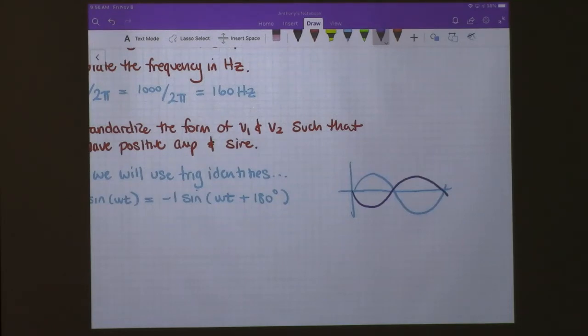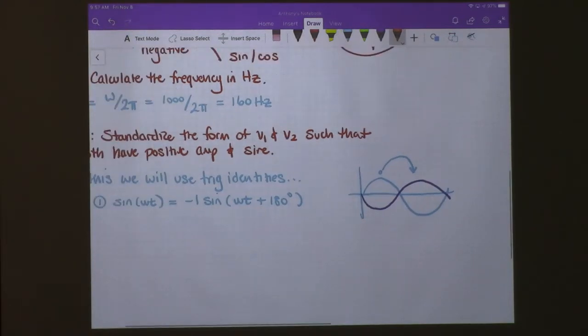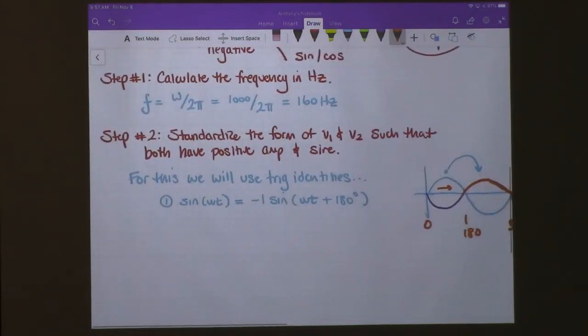That's the same thing as taking the same wave and shifting it 180 degrees, either to the right or to the left. Actually, it doesn't make any difference. Because if I take this blue waveform and move it over here, so this is 0, this is 180, and this is 360, and I start it here, adding 180 degrees is the same thing as flipping it upside down.